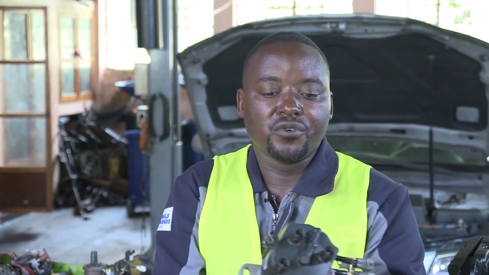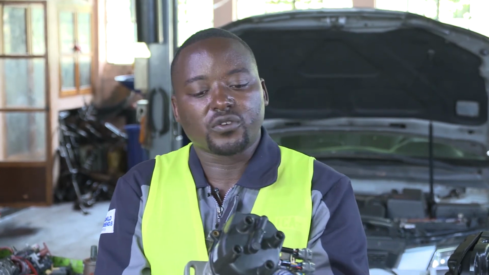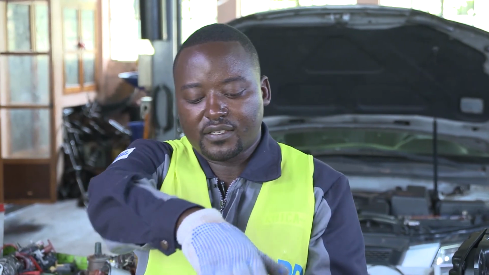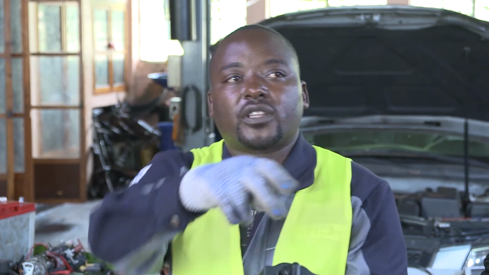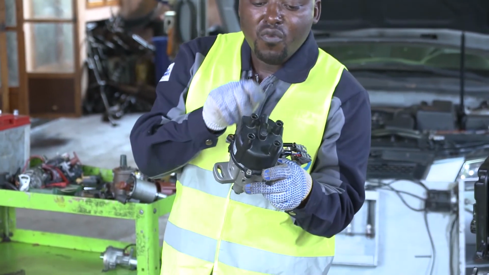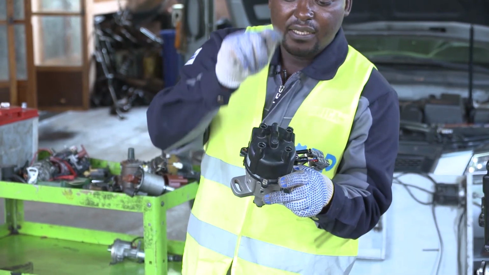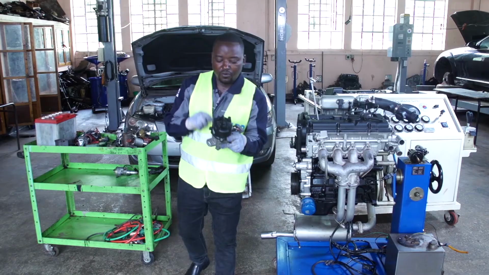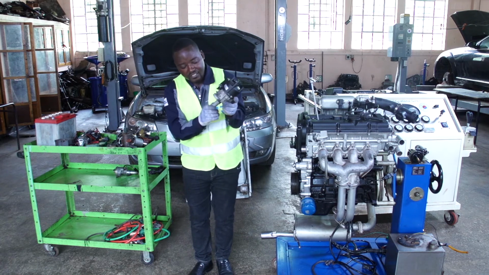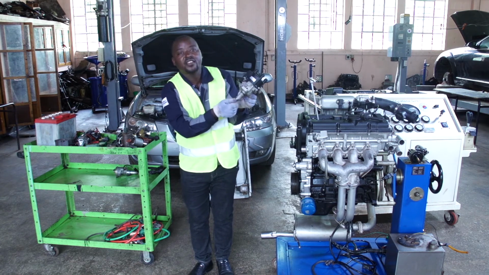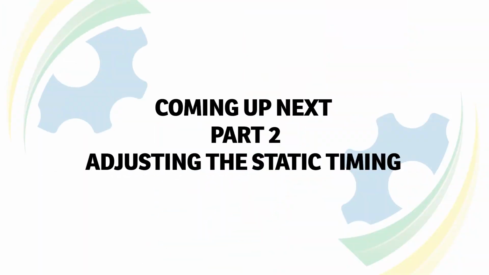Here we stay with this distributor. Of course, if you have the distributor like this, it means you have the rotor inside. That's why we need to remove this distributor also. We need to remove this mechanical driving.